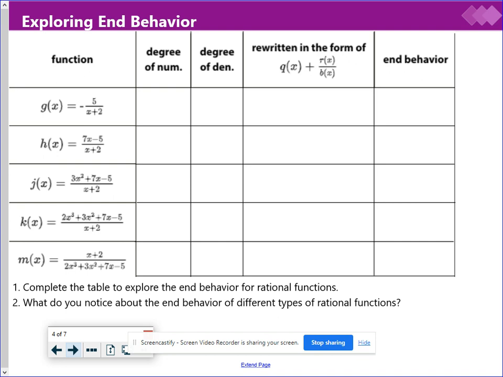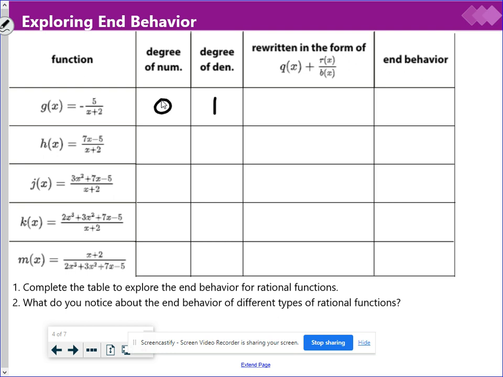So let's start with the first one. For the degree of the numerator, since I don't have a variable in the numerator, that degree is 0. The degree of the denominator, since it just has an x, has a degree of 1. When I would try to do that division, because I would have just a 5 on the inside of the division, and the x plus 2 is on the outside, that's the divisor, a bigger exponent on the outside, can't really do that.